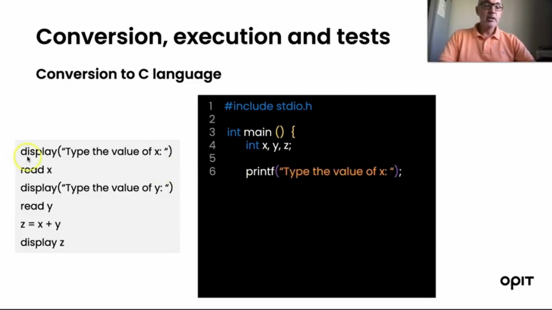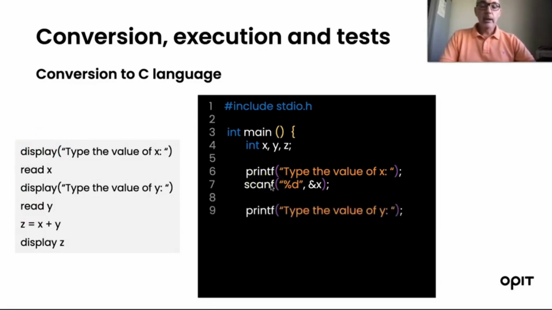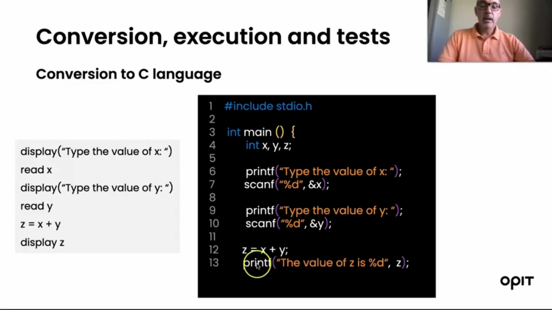Then instead of saying display in C language, we say printf, type the value of X. So you see here that the display in the algorithm is converted into printf in C language. Then I read the variable using this new statement in C that we call scanf. Again, I do the same with the variable Y, and then I compute the sum and display the sum using printf, and here ends the C program.